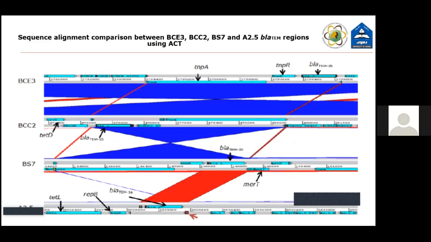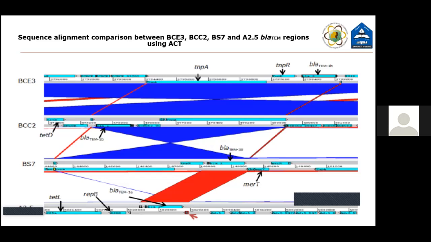This figure shows the sequence alignment comparison between the four sequenced strains using Artemis comparison tool. The genomic environment of this gene showed that between BCE3 and BCC2 there was a similarity, because the BLA-TEM-1B was carried by a Tn2 transposon, just that the variation was in the direction of the genes, because it is present in a reverse orientation.